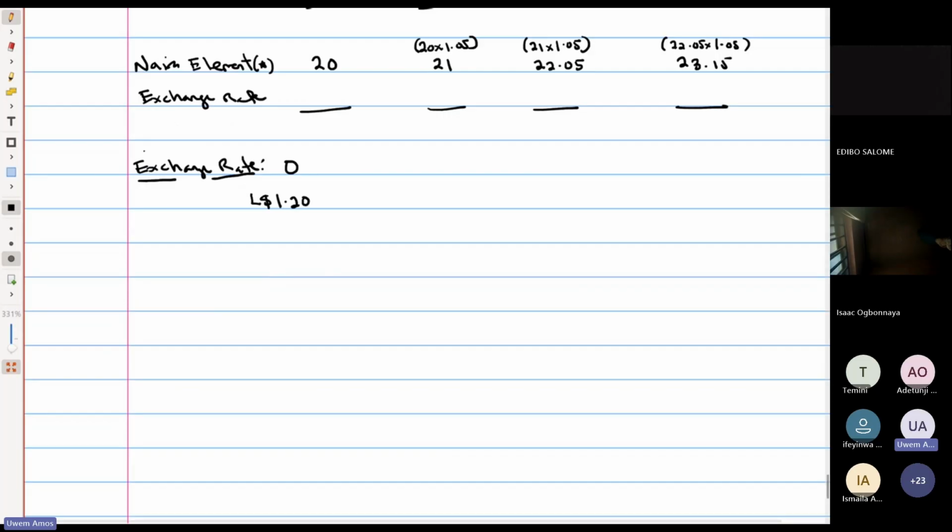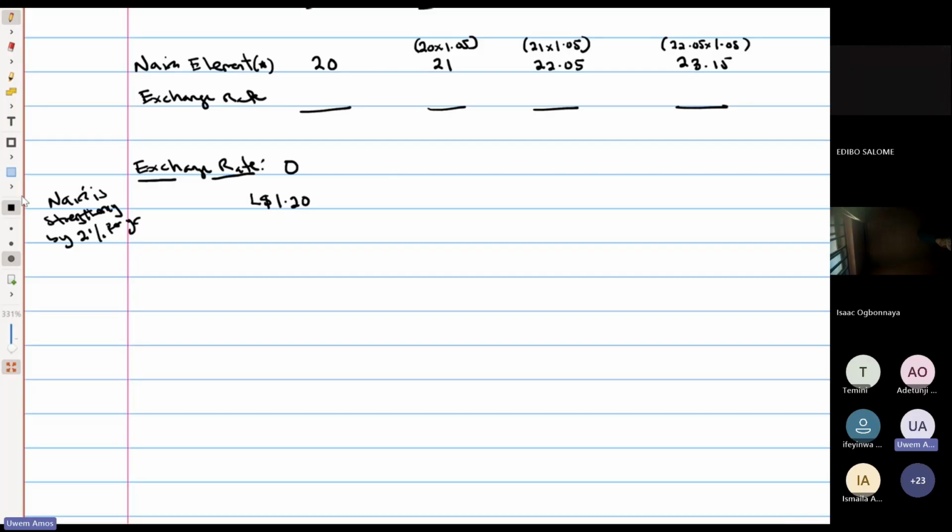The question says that Naira is strengthening by 2% per year. Now, what is this?